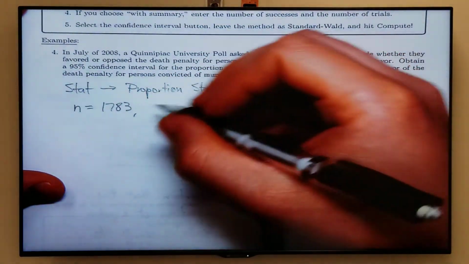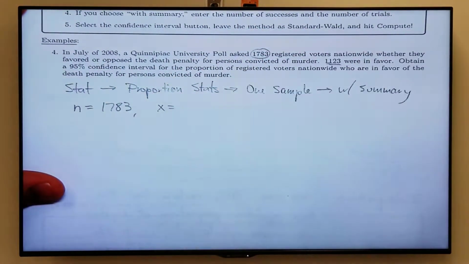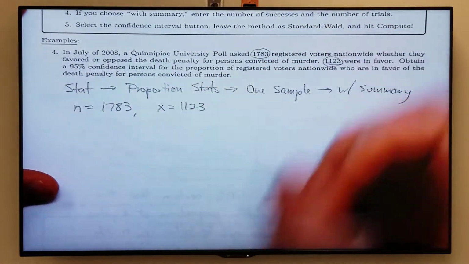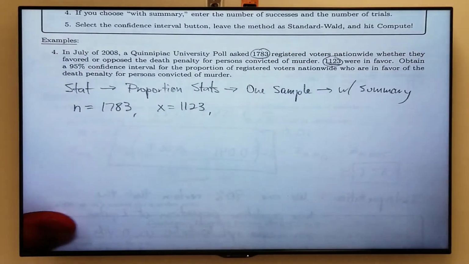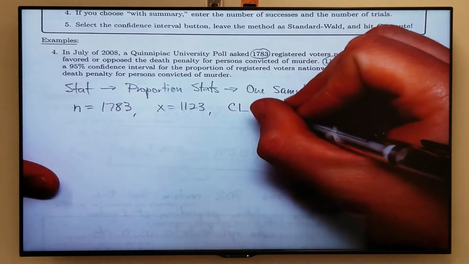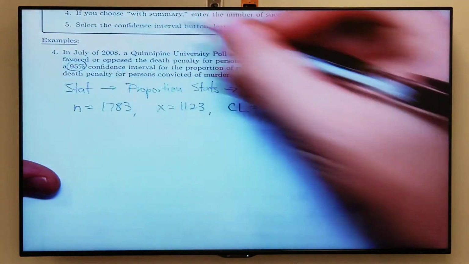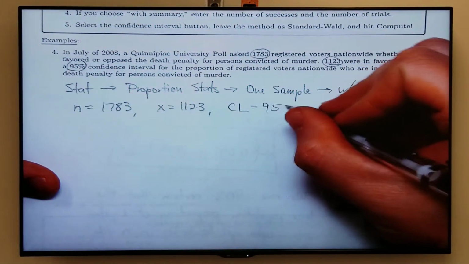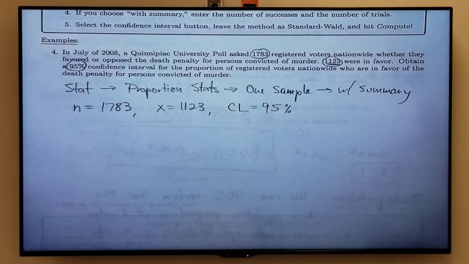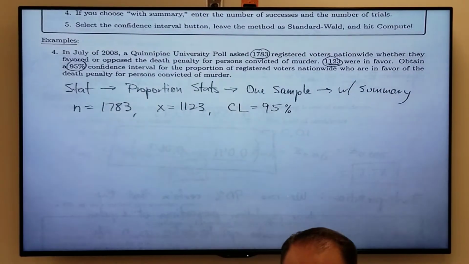They're going to ask us for the number of successes, X, which would be 1123. And then they're also going to ask us for the confidence level that we want. We want a 95% confidence level. Okay? StatCrunch will do the rest of it for us. It's magic, right? So let me take you there.